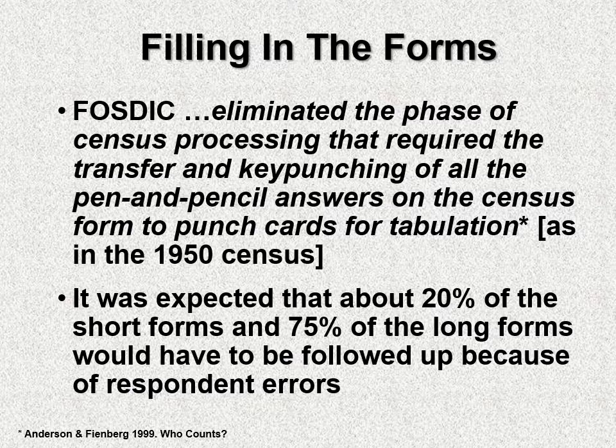However, because the public was now filling out these circles, it was expected that about 20% of the short forms and about 3/4 of the long forms would have problems and would need to be edited or followed up because of errors. I'll show you some errors in a second.